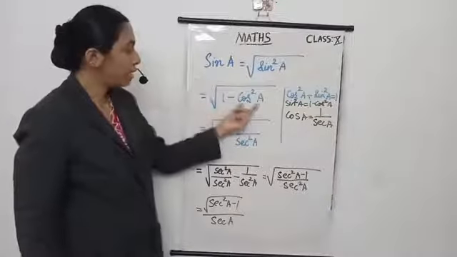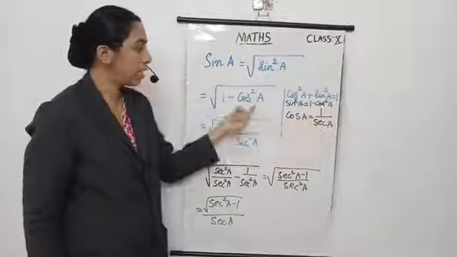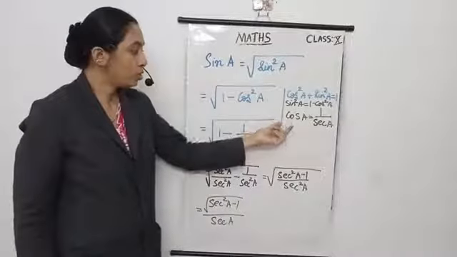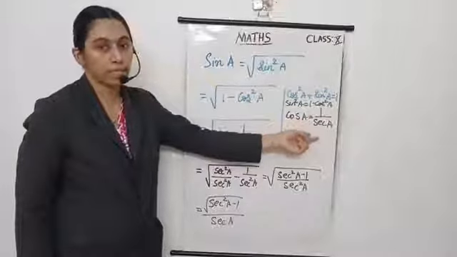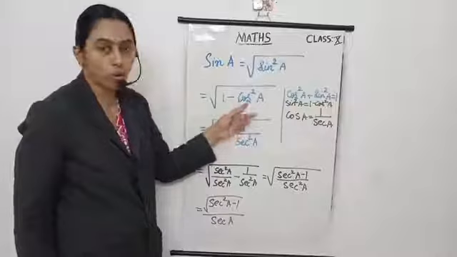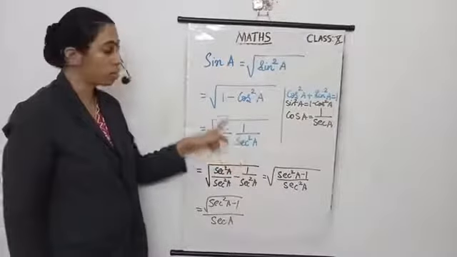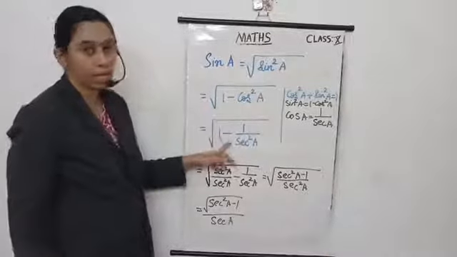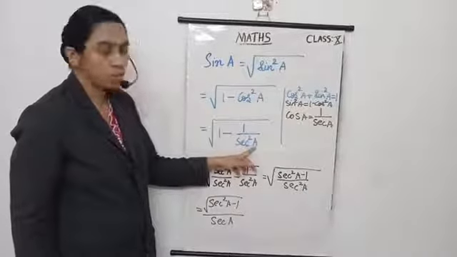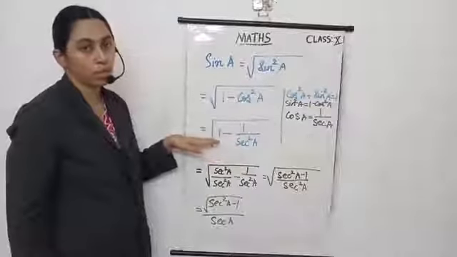Then next, we have the relation between cos and sec. So cos A equal to 1 by sec A, we already learned. So substitute that here. Here cos square A, so here sec square A. Okay, so this is root of 1 minus 1 by sec square A. Next make the same denominator.